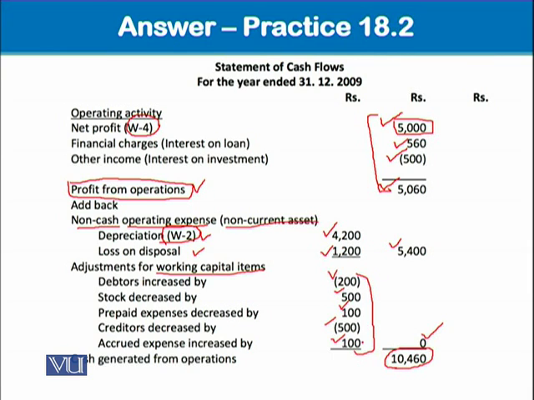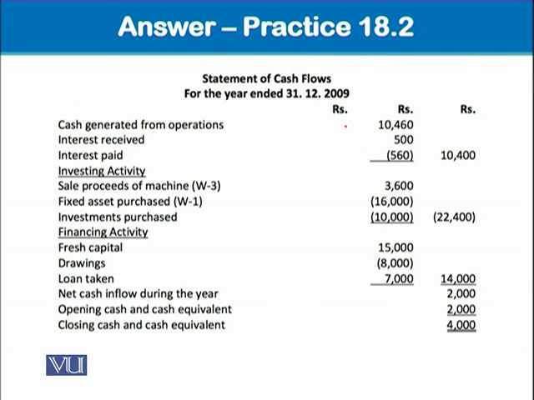and this outer column will give us the cash generated from operation figure. So in order to work out operating activity, we have to put cash generated from operation, and then interest received and interest paid figures are placed under this, so that we get the figure for cash flow from operating activity. Remember one thing, in this question we don't have opening and closing dues.